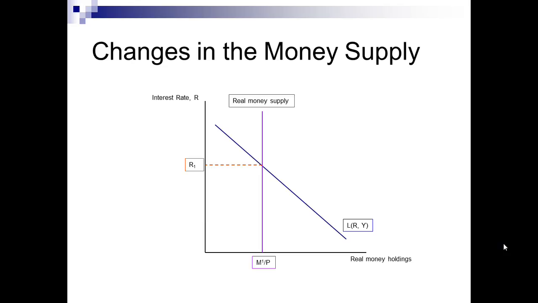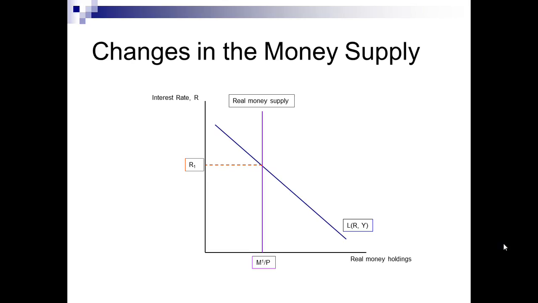Now what happens to the equilibrium interest rate when there are changes in the money supply? So we're going to start with the previous picture. Now let's suppose that the central bank decides to change the money supply through open market operations. Just as a review, if the central bank sells government bonds, the money supply will contract.